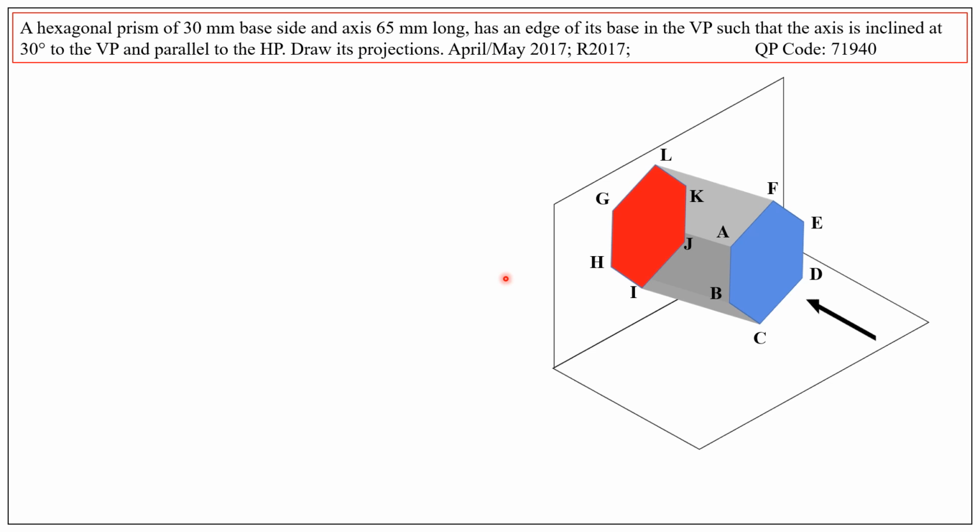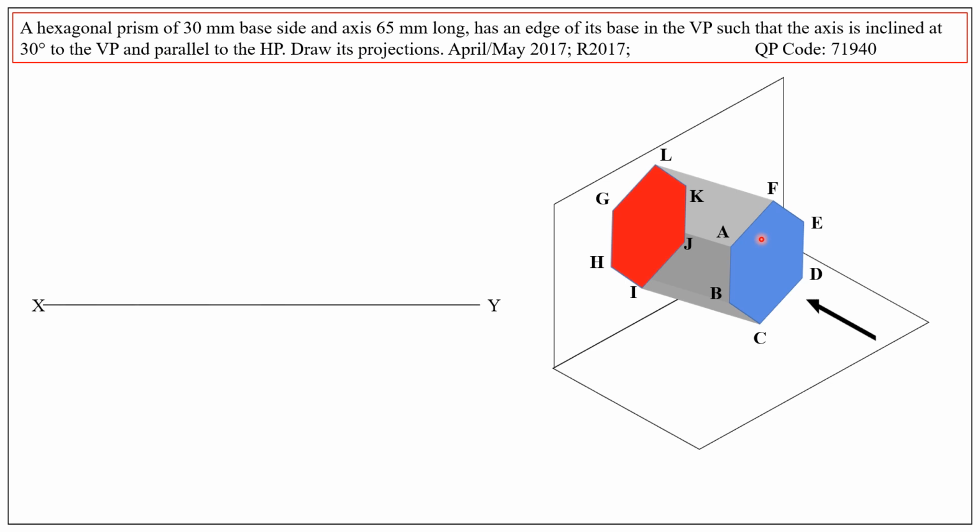Now we assume the solid initially is resting on VP with its base on it and the axis parallel to the HP. Corresponding to this assumed position, we need to draw the front view.